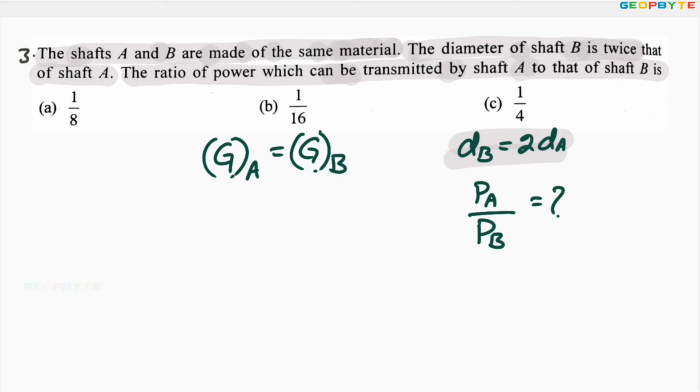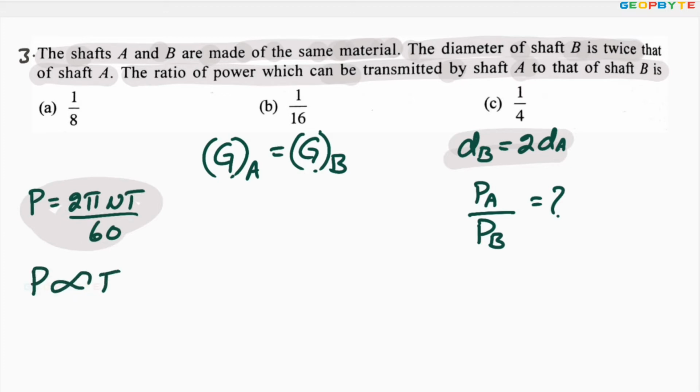That is the question. Now, as we know, power P equals 2 pi NT by 60. From this relation I can say that power is directly proportional to torque when the speed remains constant. But what is the torque?